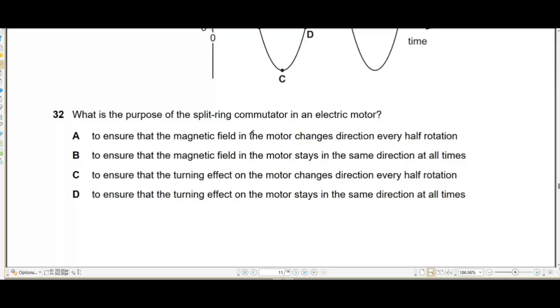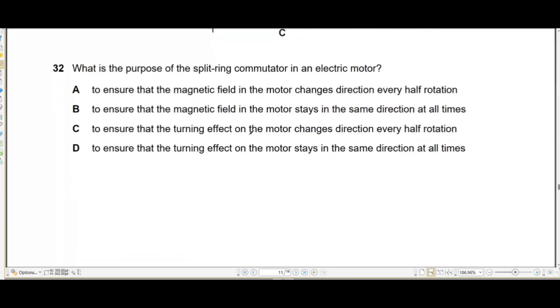Question number 32. What is the purpose of the split ring commutator in an electric motor? Basically, the purpose of the split ring commutator is that the turning effect of the motor stays in the same direction at all times. So let's look at the options. To ensure that the magnetic field in the motor changes direction every half rotation, no. The split ring commutator is in a DC motor, so the direction of the current and that of the magnetic field is not going to change.